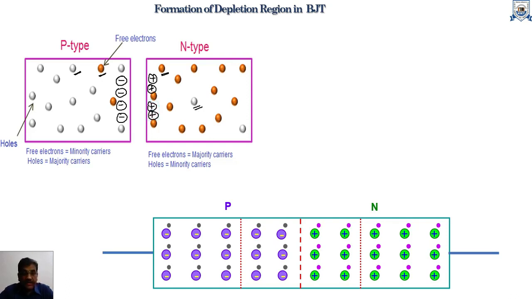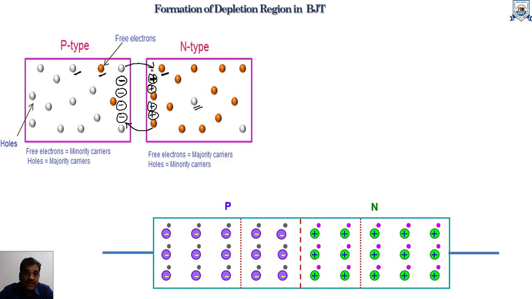When a p-n junction is formed, the holes from the p side move towards the n side and the electrons from the n side move towards the p side. In the process of movement, electrons and holes are annihilated, leaving behind only negatively charged immobile ions on the p side and positively charged immobile ions on the n side. This process is called diffusion.